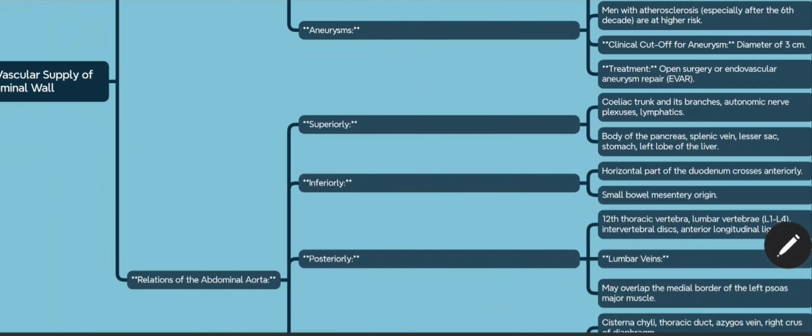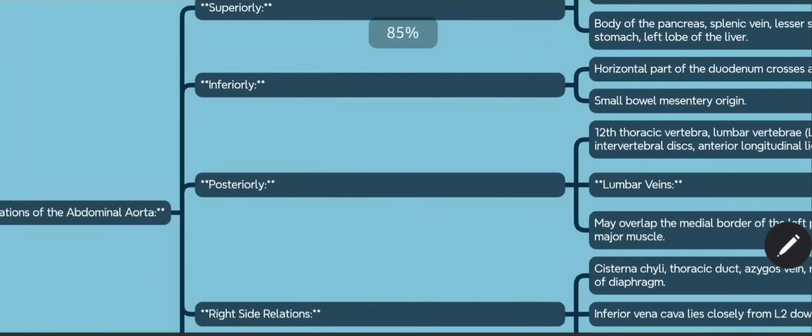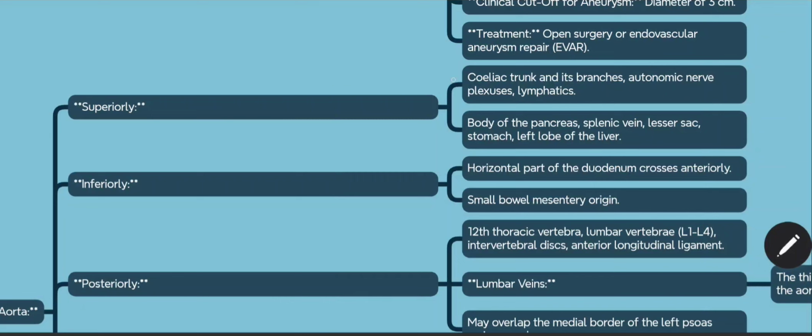Now, what are the relations of the abdominal aorta? Superiorly: celiac trunk and its branches, autonomic nerve plexuses and lymphatics. Then the body of the pancreas, splenic vein, lesser sac, stomach, and the left lobe of the liver.